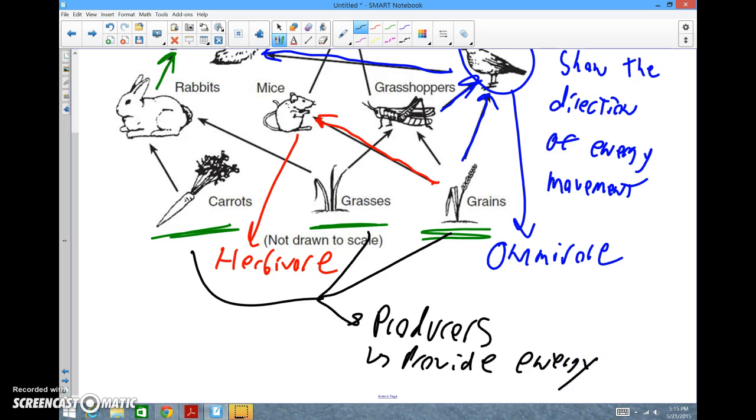All right, they provide the energy for every other living thing here. And that's why we call them autotrophs, because they make their own energy, sort of. Hopefully you remember that these organisms, these producers, get their energy from the sun.